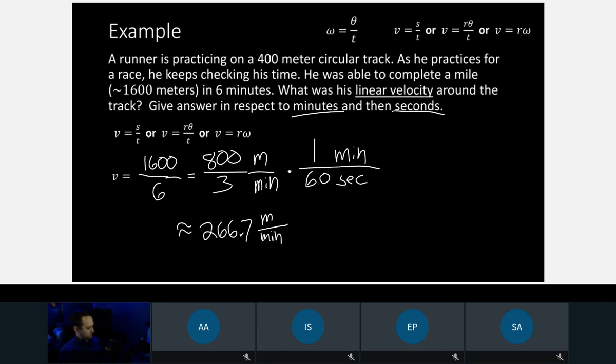We can reduce like the last problem. 800 over 60, what does that become? 80 over 6, so 40 over 3. Does that sound right?